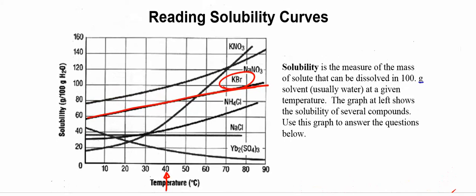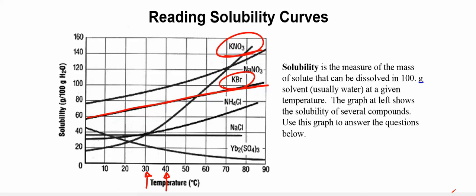If you look at potassium nitrate, this one here is potassium nitrate, and I follow that graph down, we're looking at 30 degrees here, that's going to be right around there. So what I'm going to do is look across and see that, well, if this is 20 and this is 40, that 30 is right in the middle.